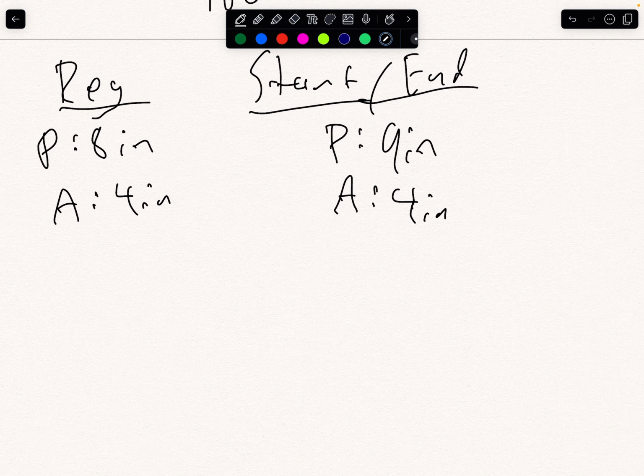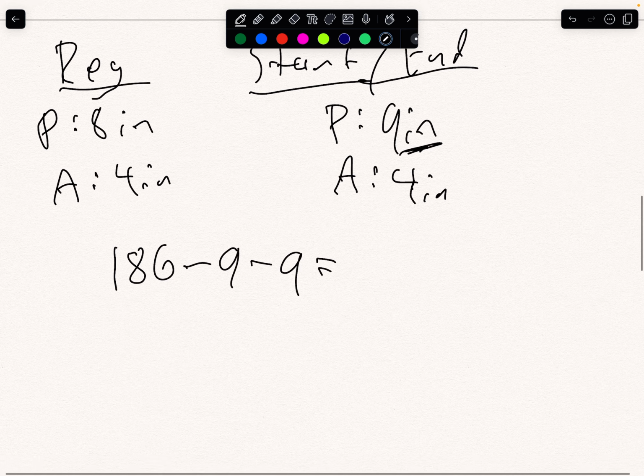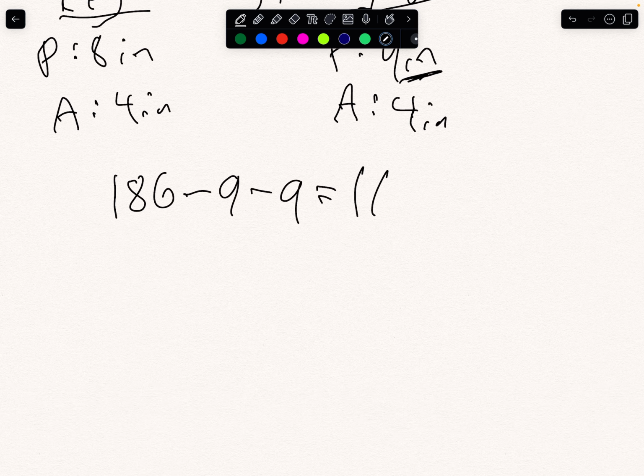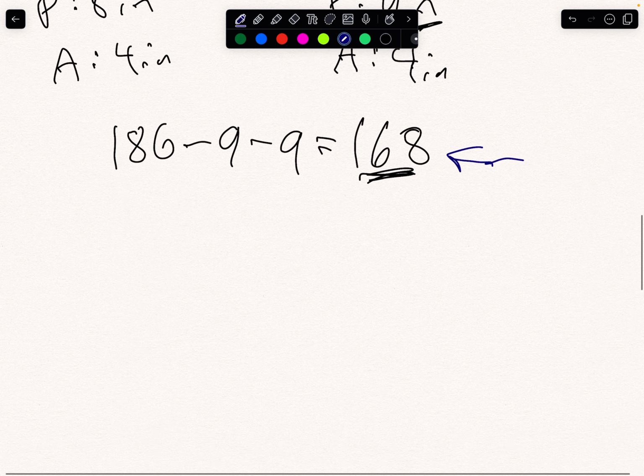All right, so now let's get back to our hint. We know the perimeter is 186 inches, but the start and the end shape each are 9. So I'm going to subtract 18 from 186 to get 168. 168 is what I'm going to call our leftover perimeter, because after subtracting the perimeter of our start and end shapes, this is the perimeter left over for all the middle shapes to take up.